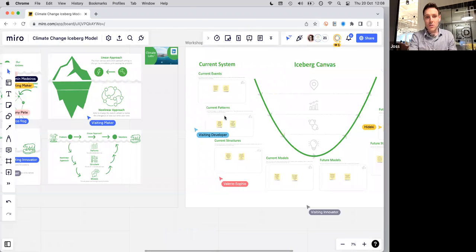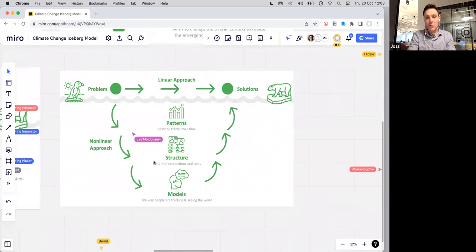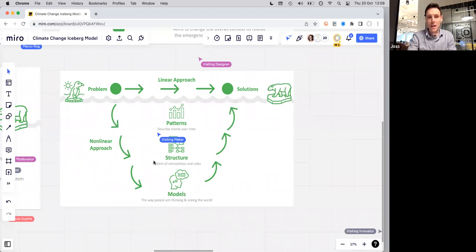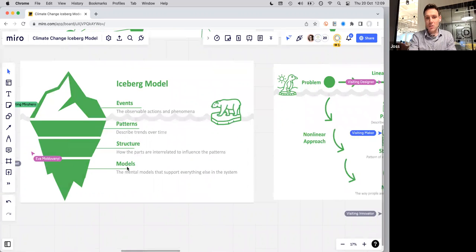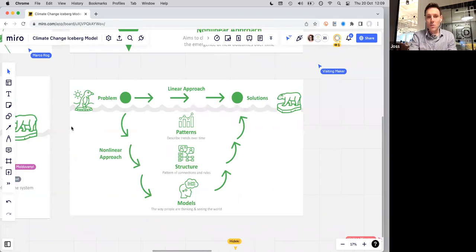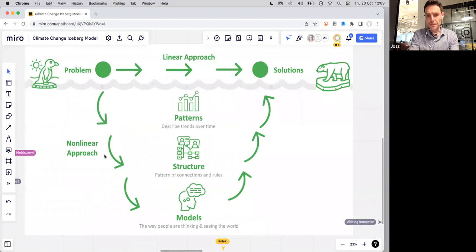The iceberg model is a way for us to unpack the different levels of a system, a challenge, an issue, and get down to more fundamental issues, these systemic structures and mental models, and move away from this linear approach that's really just trying to change the parts, the events, and the outcomes.